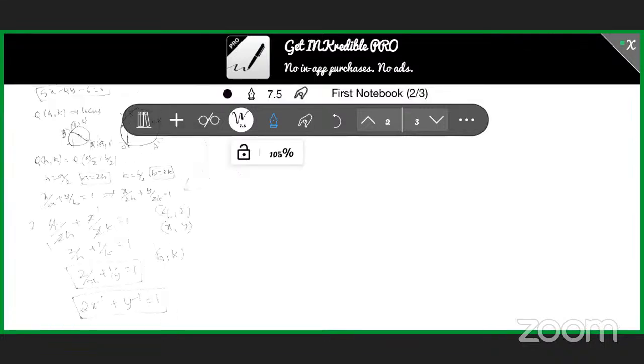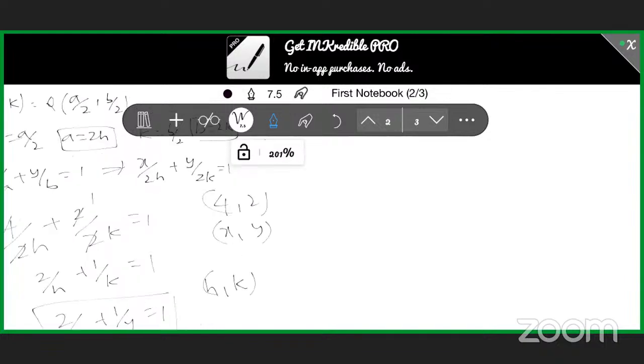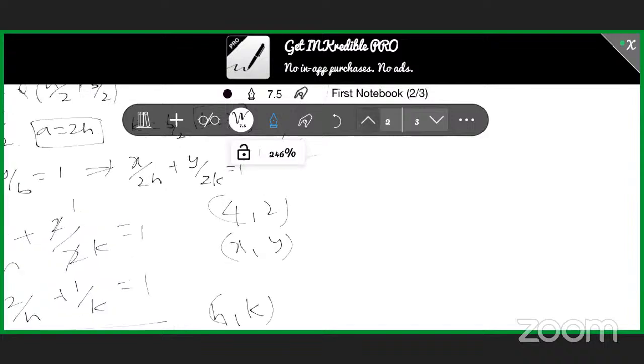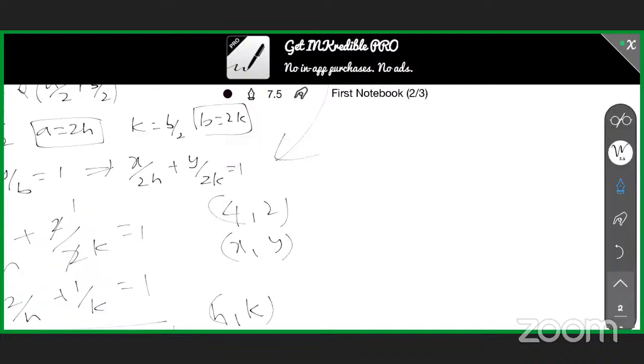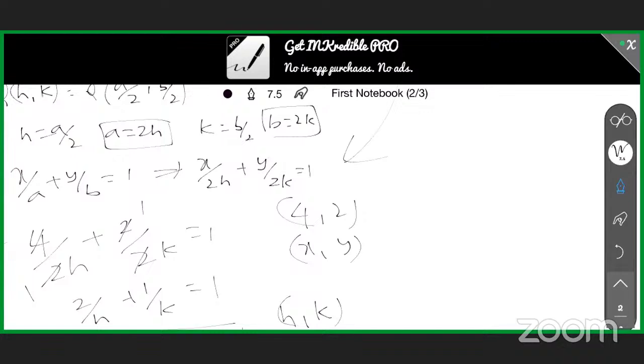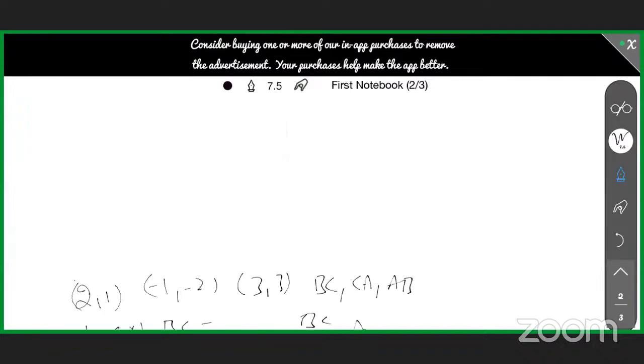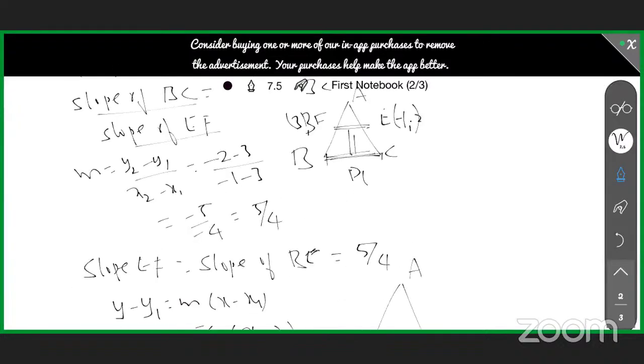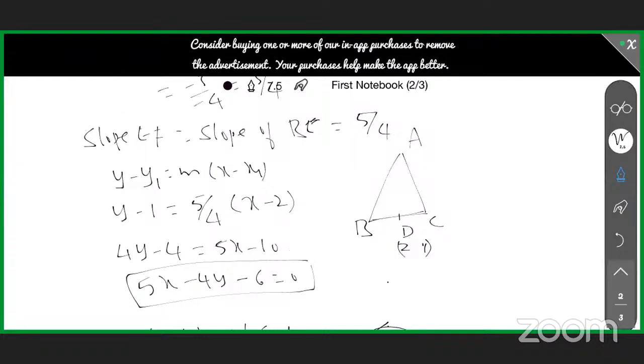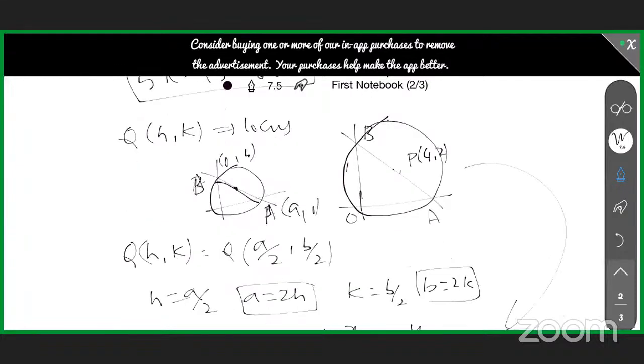So what I was telling was, the question is given: the point 4 comma 2 is lying on the line, and that line is cutting my x and y axis. 4 comma 2 is lying on the line, means this point should satisfy the line equation.